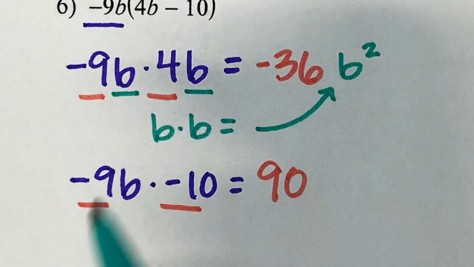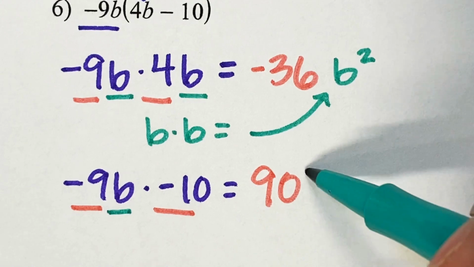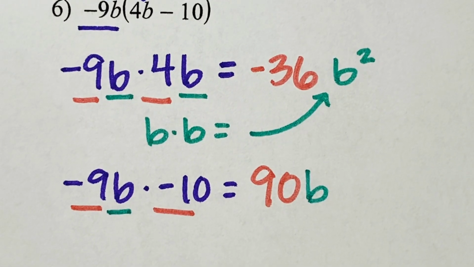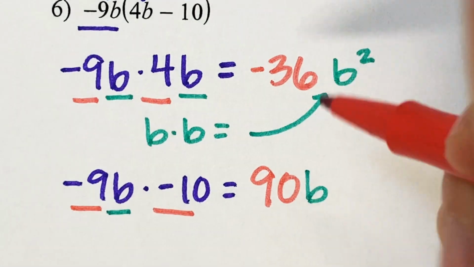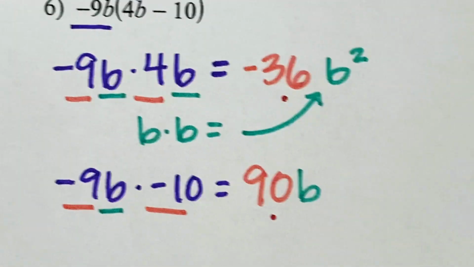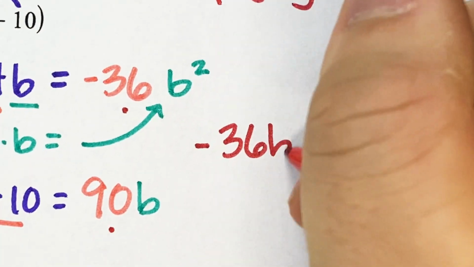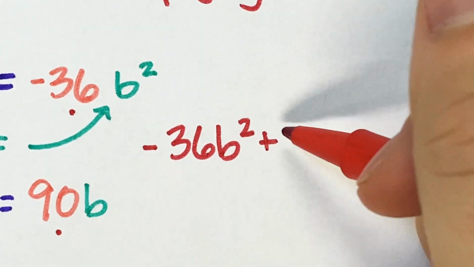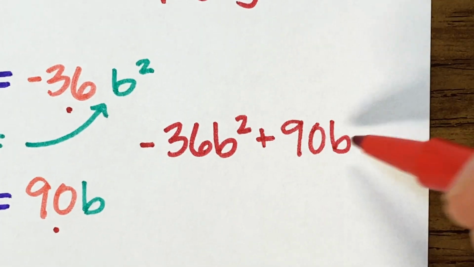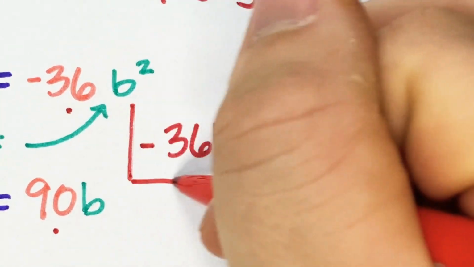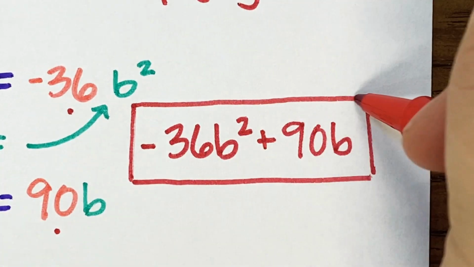And how many b's were being multiplied? Just 1. Beautiful. So we found both pieces of our expression, so let's rewrite them together. We have -36b squared plus, because it's a positive, 90b. And there is our simplified expression.